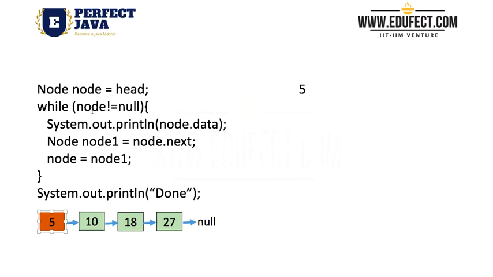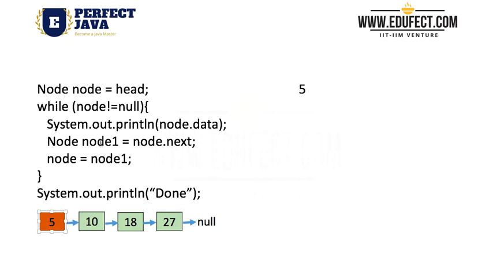So what are we saying? While node not equal to null. Now this is node, because node is equal to head. This color is what we have used to show the node. Node is not equal to null, so this condition is true. It will go in System.out.println(node.data). node.data is 5, so 5 gets printed on the screen.